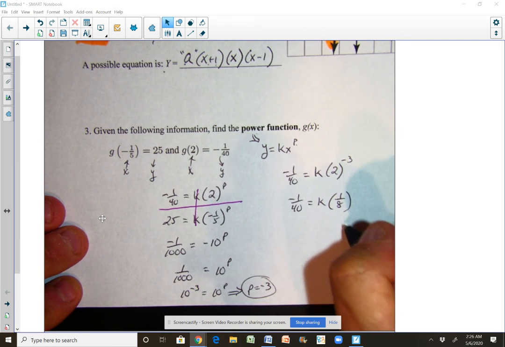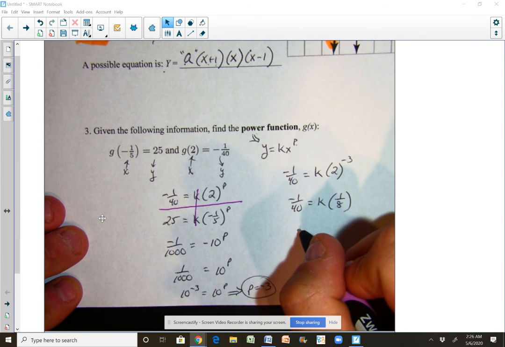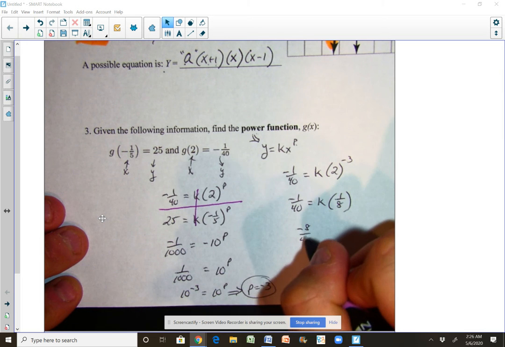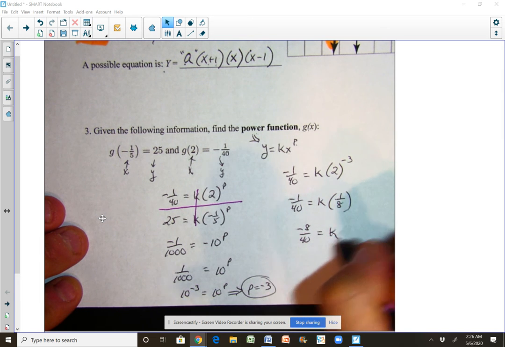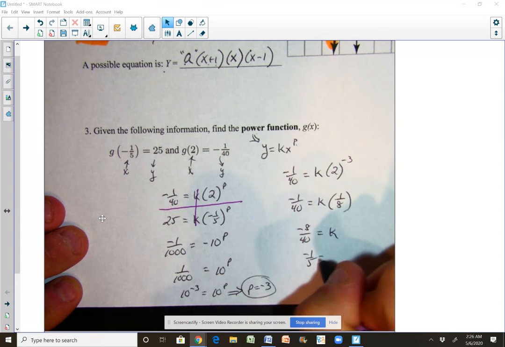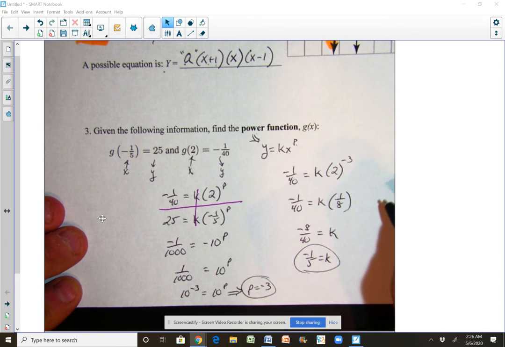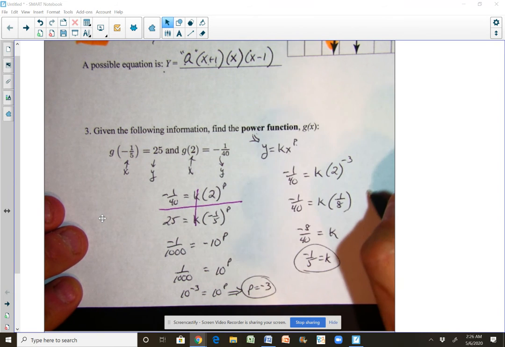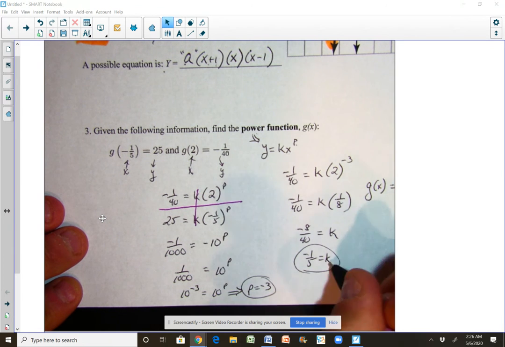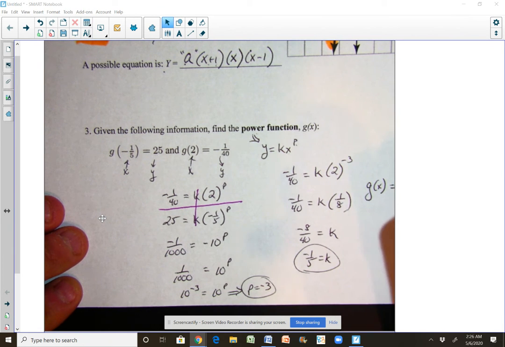If you divide by 1/8 or cross multiply by 8, you end up with negative 8/40 equals k, or in other words, negative 1/5 is your k value. So here are your two parameters for your power function. If we substitute back in, we get an equation for g of x that is equal to negative 1/5 times x to the negative 3.